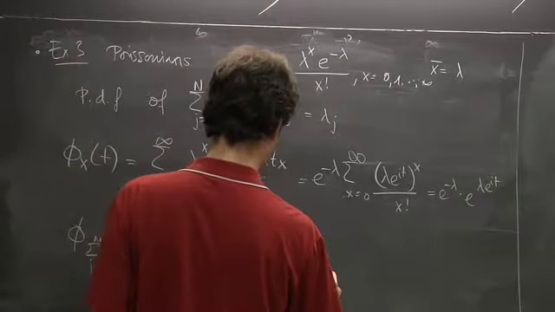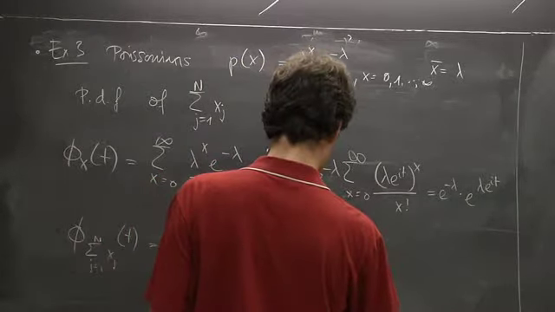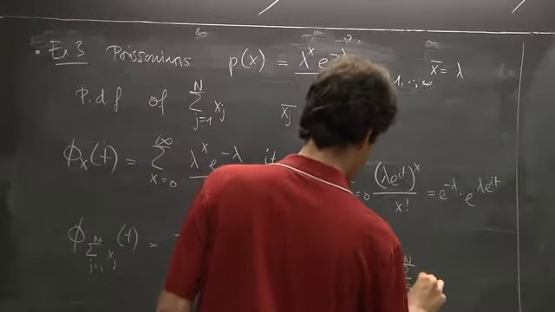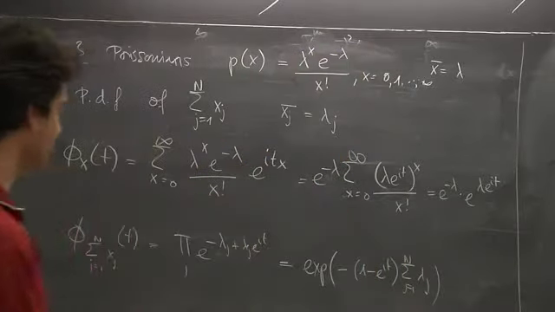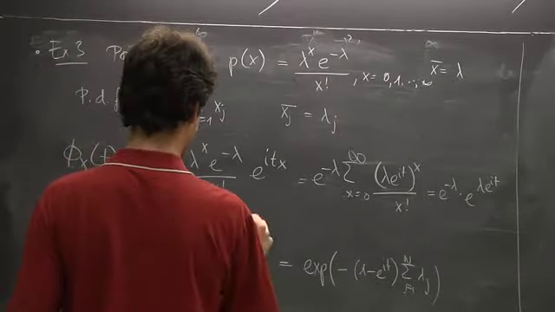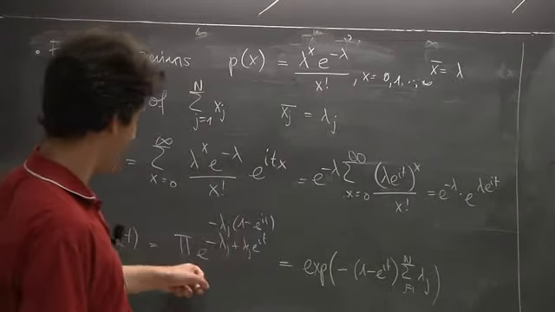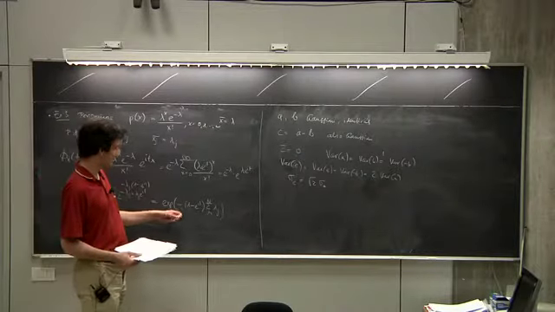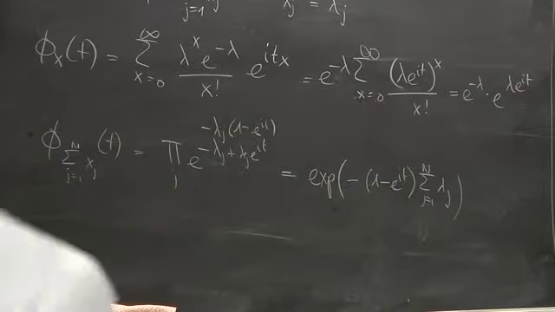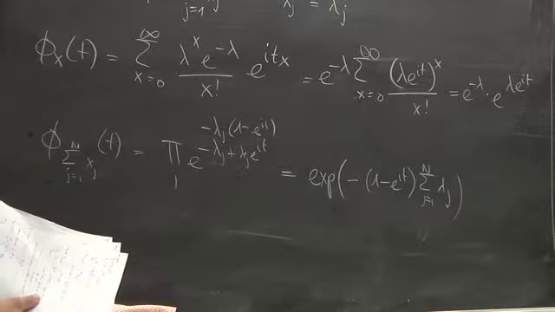It's equal to the exponential of minus 1 minus e to the it times the sum over lambda_j. Right? So this is lambda_j minus lambda_j times the 1 minus. I have a product of such exponentials. That's the exponential of the sum. Okay? Now, what does this tell me? Yeah.